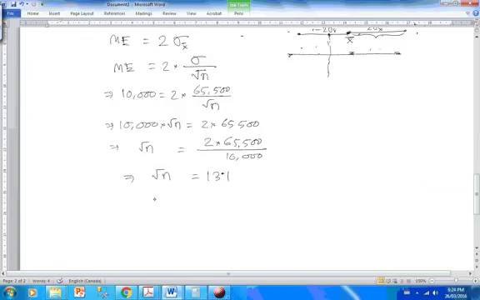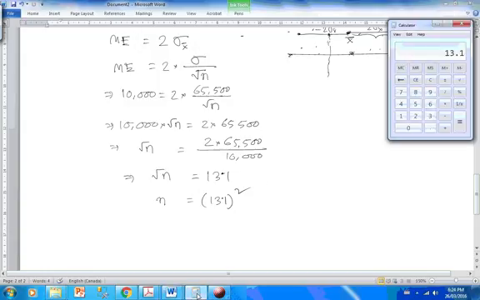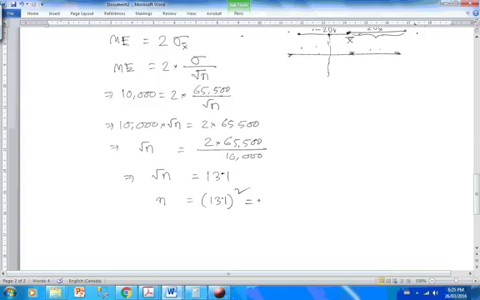If I want the value of n, I'll have to take the square of 13.1. Let me use my calculator to raise it to the power of 2. That simply means I'm just multiplying 13.1 by itself. That gives me the value of 171.61.